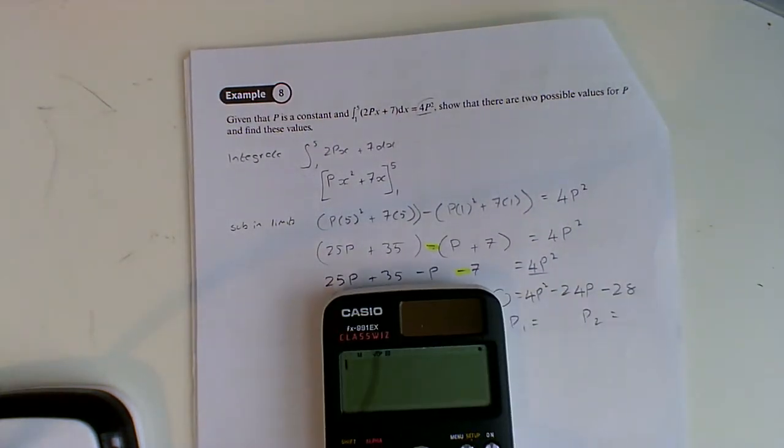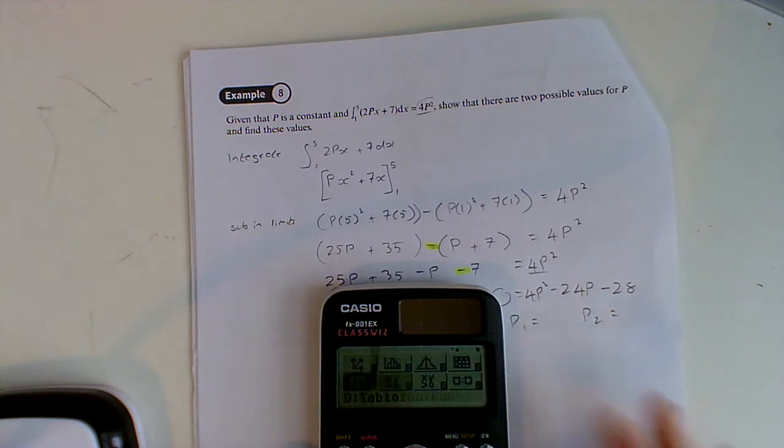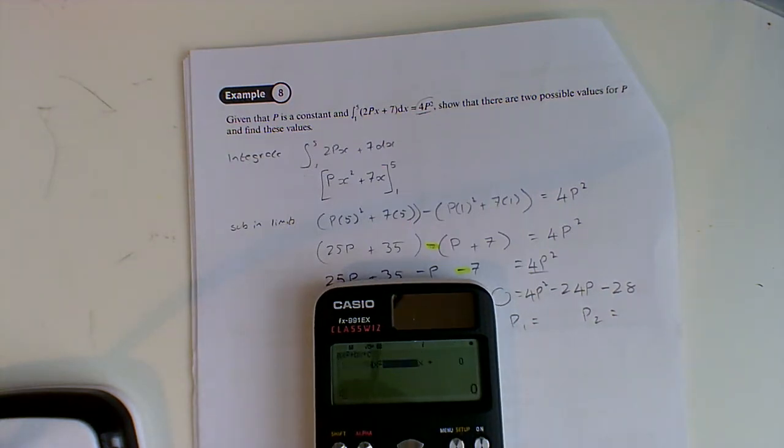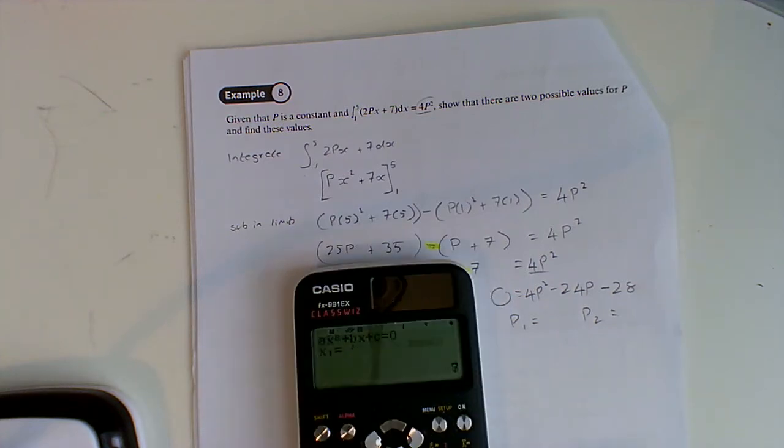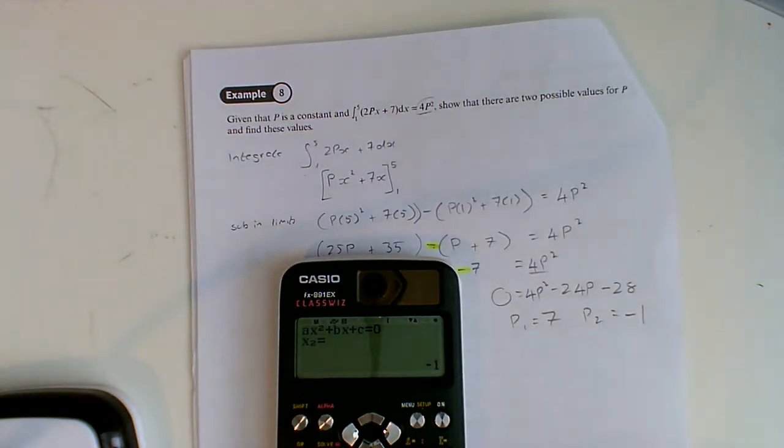And I'm going to use my calculator for that. If you wanted to, you could divide all that by 4 and solve it. I'm lazy, so I'm just going to plug this straight into my calculator. 4p squared minus 24p minus 28. See what we get. We get one answer is 7, and we get another answer is minus 1.